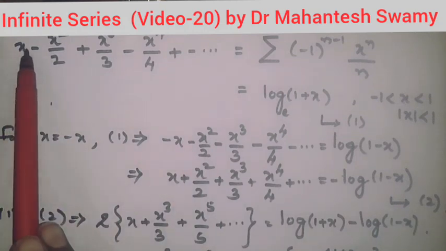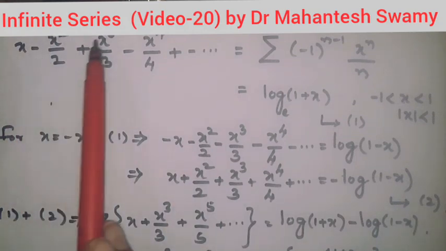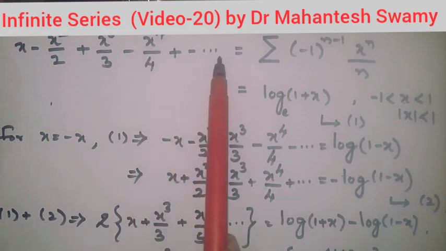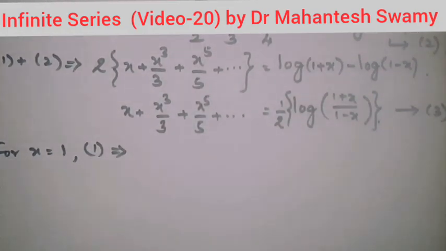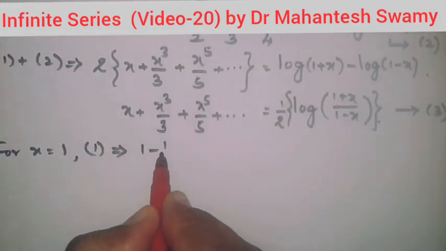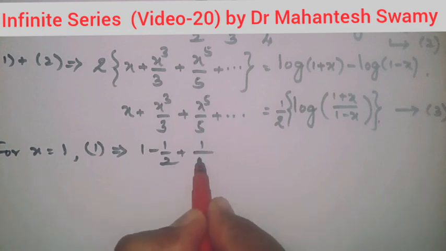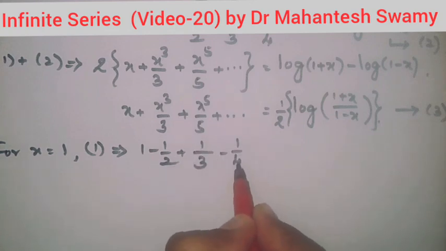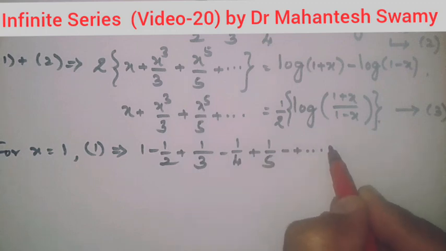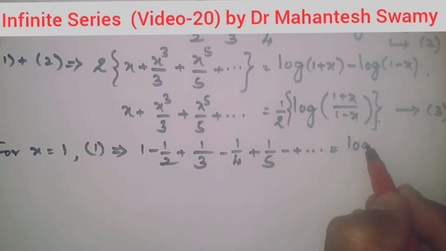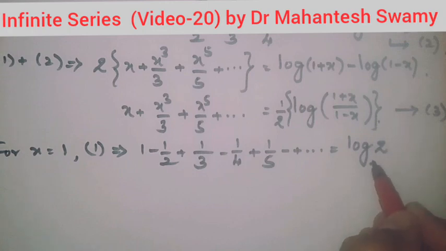So here it is 1 minus 1 by 2 plus 1 by 3 minus 1 by 4 plus 1 by 5 minus, alternately like that, and on RHS log of 1 plus 1, that is log 2 to the base e. So this is another result we will be using, call it equation number 4.